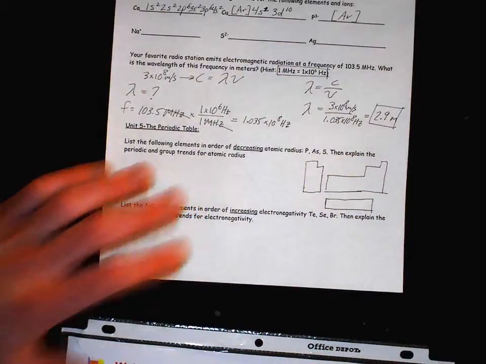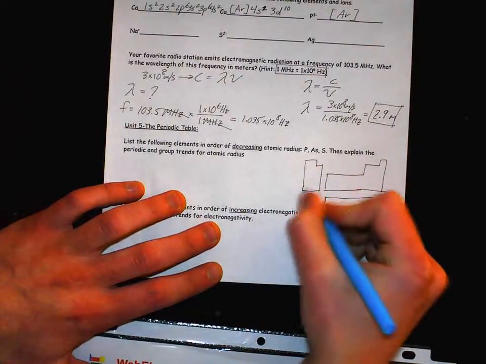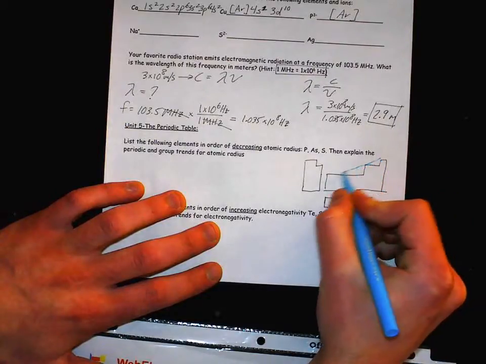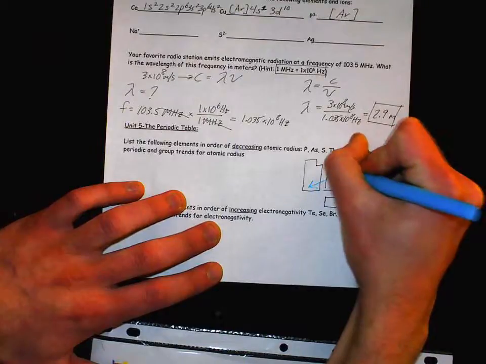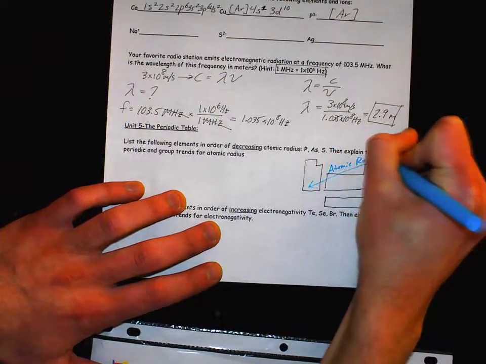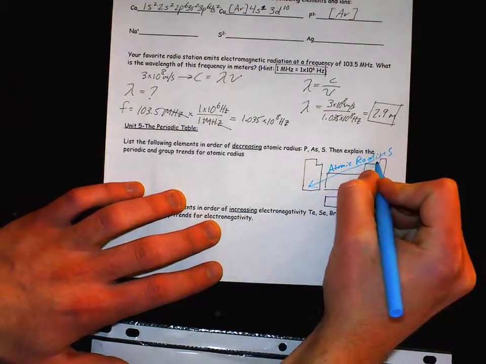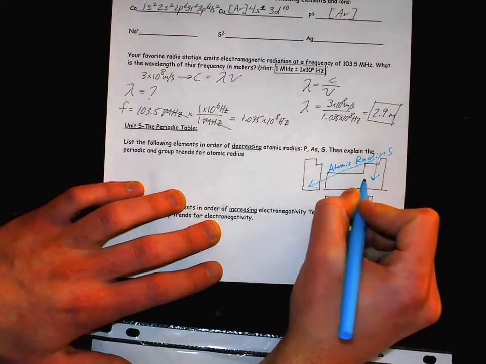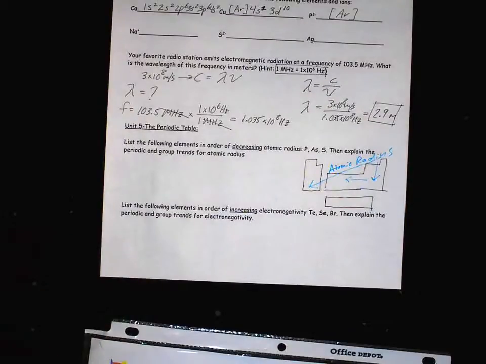The trend says that the biggest element is down here. Cesium is the biggest element. It's down and to the left. We have the atomic radius trend goes up as you go down and to the left. So if you break that down, going down a group, the size of the atoms increase, and then going across a period this way, the atoms increase in size.